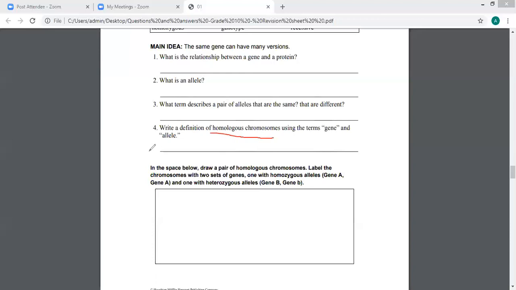But the answer must include gene and allele, which the question asked about.